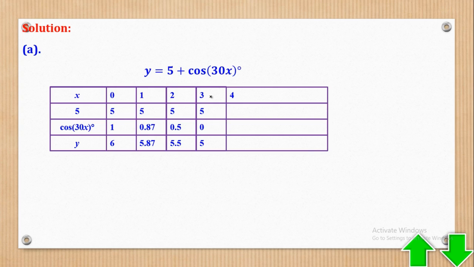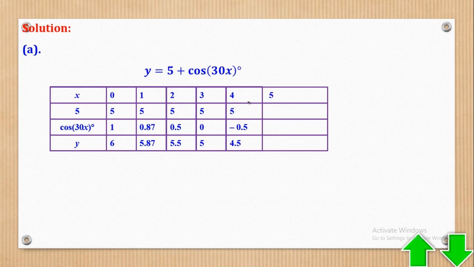So next is 4. When x is 4, this remains 5, but here it becomes 4 times 30 to come up with 120, therefore cos 120 degrees will become negative 0.5 because it's in the second quadrant. Then when I add these two, I'll come up with 4.5.